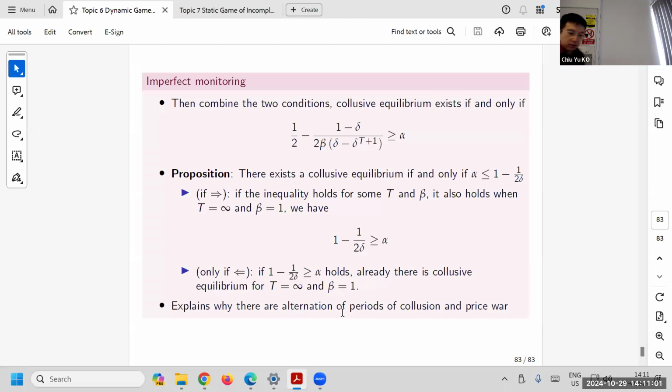Any question before we proceed? I mean, the last one is very complicated. I don't expect you to know how to solve this or the price collusion.